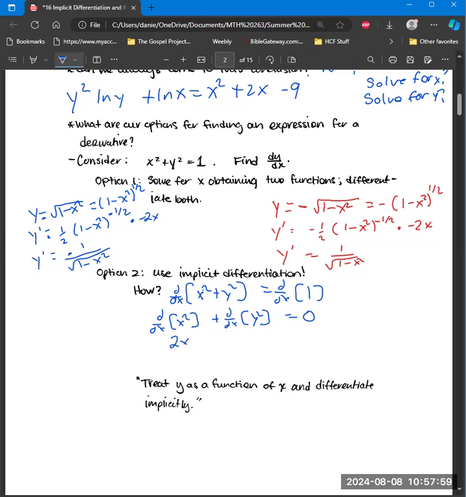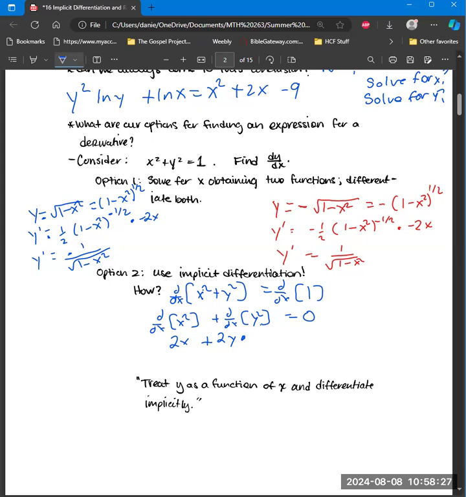Now we're going to use the chain rule because we have an outer squaring function and we have an inner function y that has x's hidden inside of it. We just don't see those x's. It's hidden behind the letter y. So we're going to use implicit differentiation here. We're going to differentiate the outer function in terms of y, and then we're going to multiply by the derivative of the inner function with respect to x.